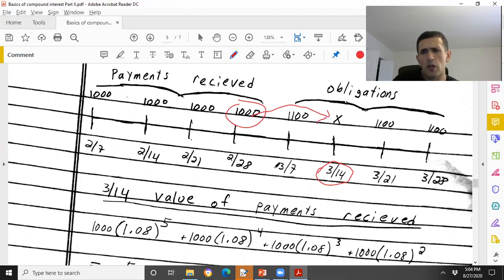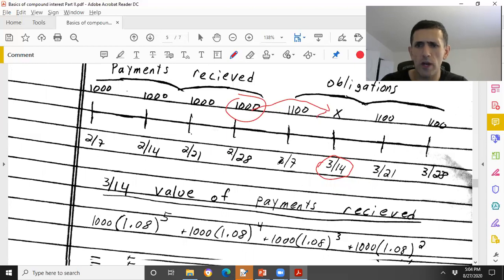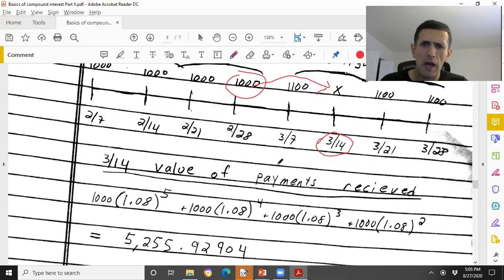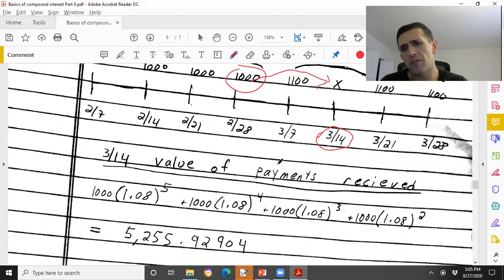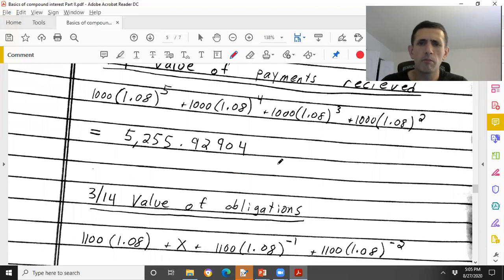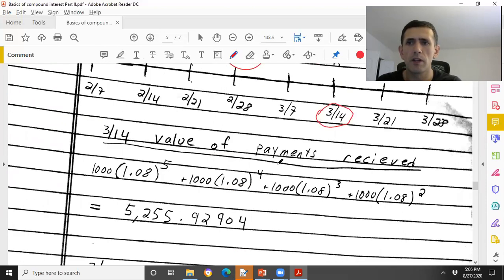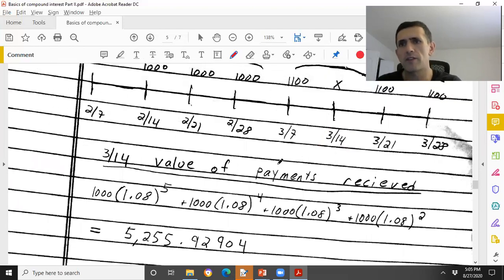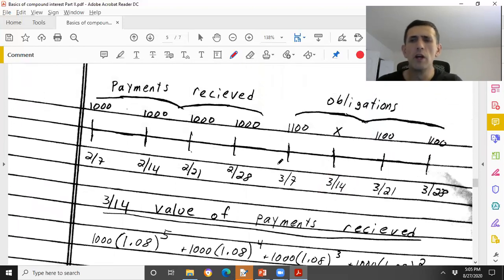So on March 14th, it's 1,000 times 1.08 squared. That's $5,255 and roughly 93 cents. Okay. So here's where things, I don't know if it gets tricky, but if you understand everything I've said, it should be pretty straightforward. So here we're going to move this one forward.